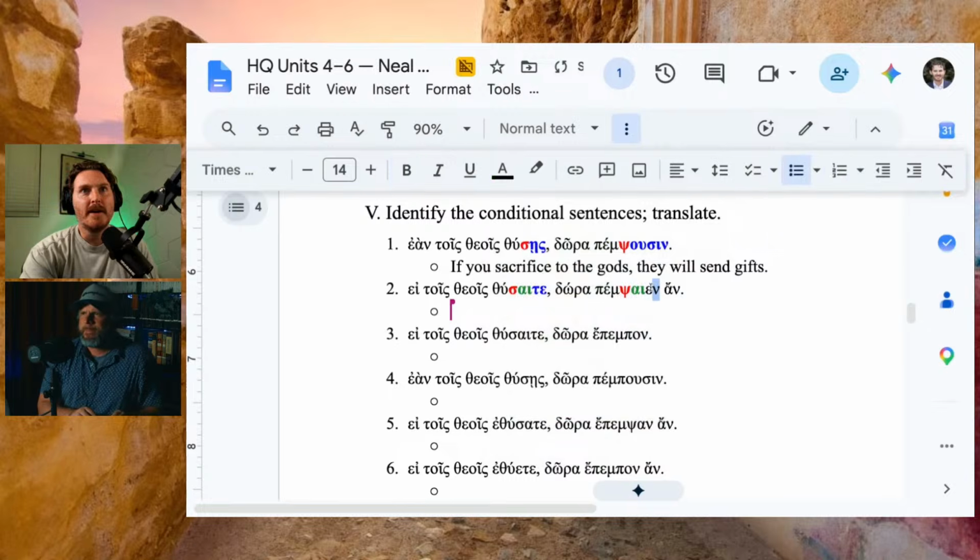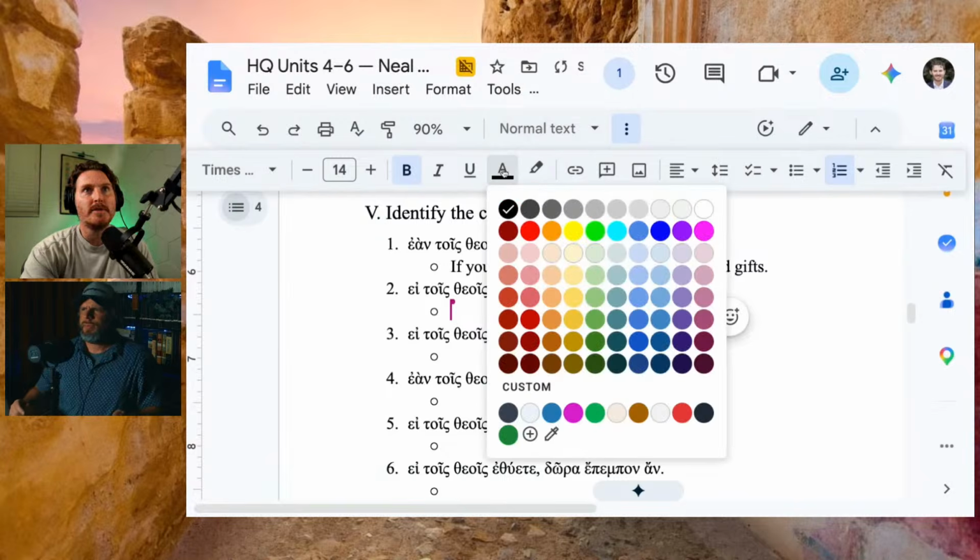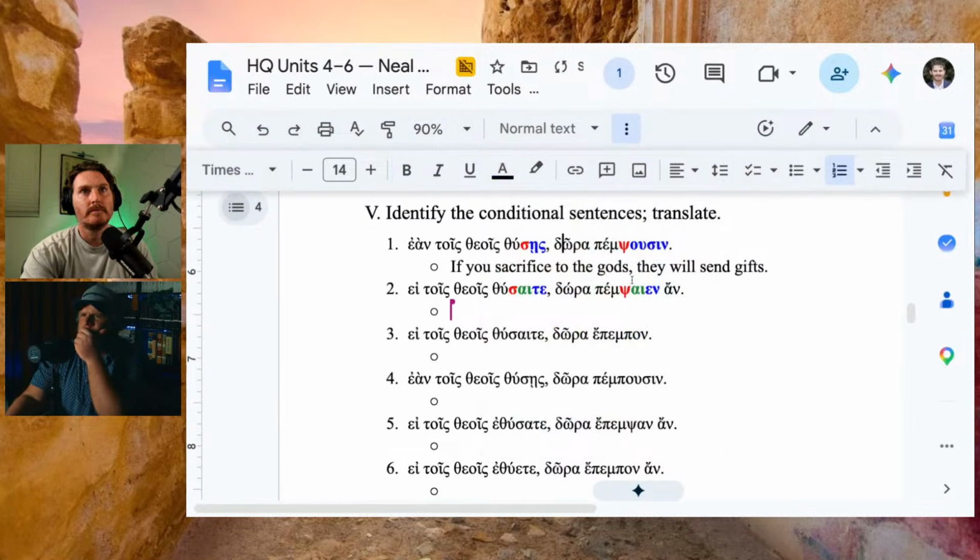But can you identify the mood that you're seeing in these verbs? Thusaite and pemsaien. That is the optative mood, and it's aorist.